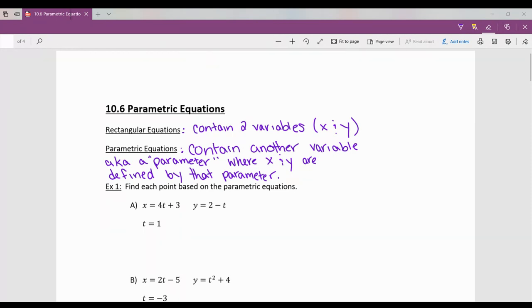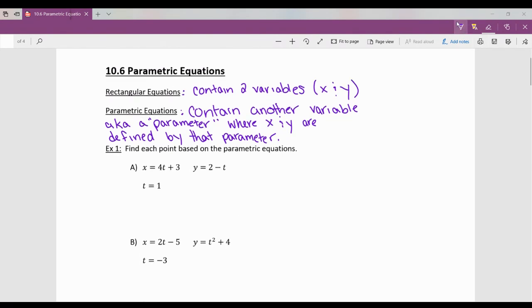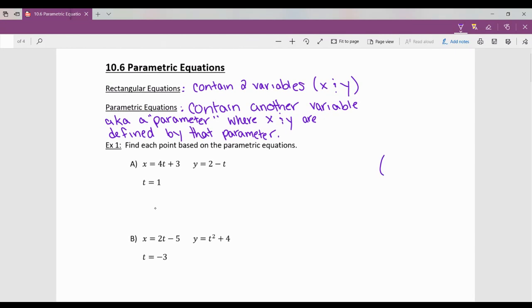So for this next one, we've got find each point based on the parametric equation. We've got x, which is defined as 4t plus 3, and y, which is defined as 2 minus t, and t is equal to 1. We want to find the point x comma y.